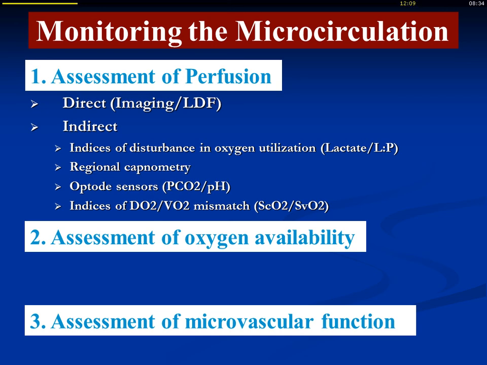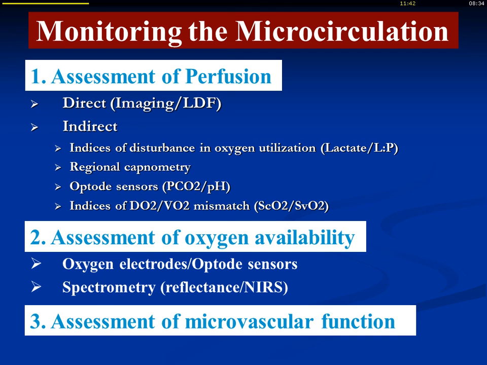So you can use regional capnometry to assess indirectly the perfusion at the microvascular level, or you can also use some sensors to look at the carbon dioxide or the pH. You can use also the indices of oxygen delivery and oxygen utilization mismatch, like the central venous oxygen saturation and the mixed venous oxygen saturation. So that's the way to look at the perfusion, directly and indirectly.